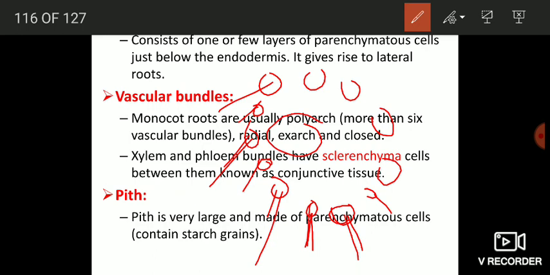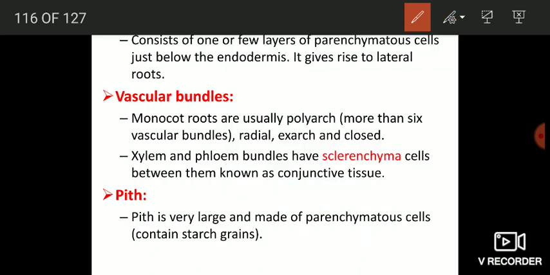Okay, and these vascular bundles are closed. It means they do not possess the cambium. Okay, the xylem and phloem bundles, say for example, this is one xylem bundle, this is another xylem bundle, and in between these two xylem bundles you have a phloem bundle here.